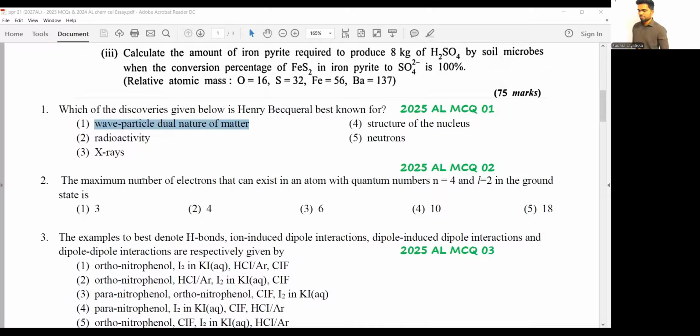Structure of the nucleus: when they say structure, you can think about the neutron, proton, everything. So the one who discovered the neutron is also a part of the structure of nucleus discovery. So you can write the neutron was discovered by James Chadwick. So Chadwick also you can include in that answer.